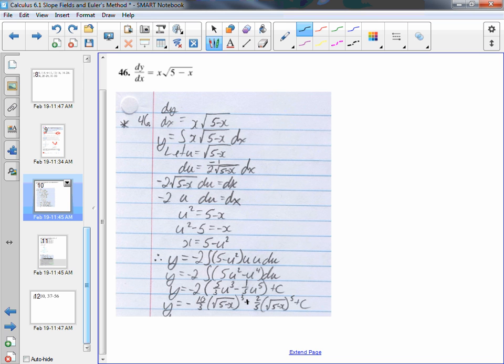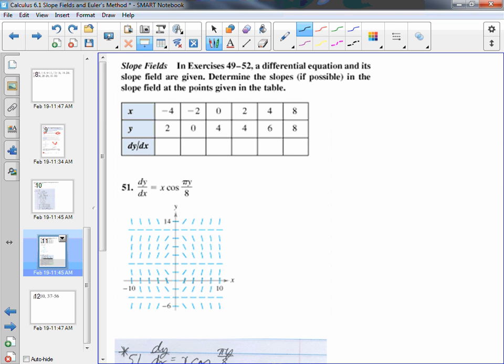Plus. Good catch. All right. Anything else on 46? Let's take a look at 51.